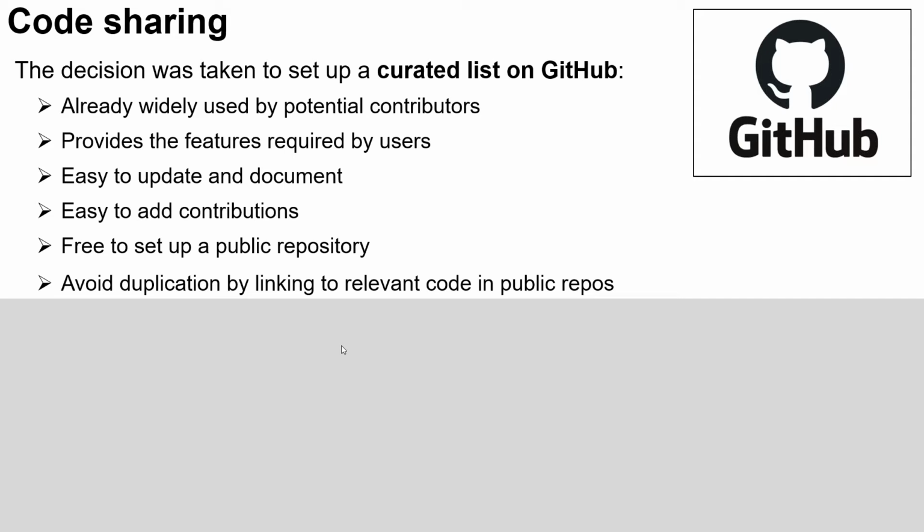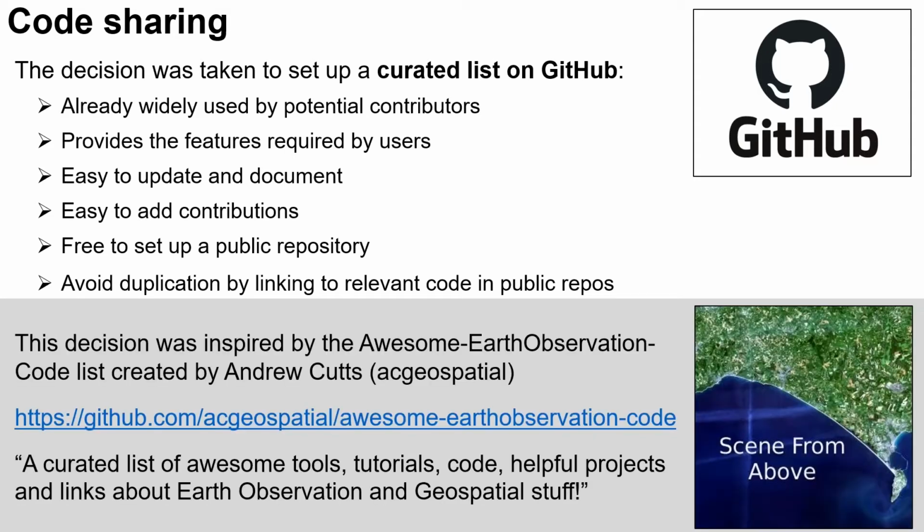I also want to say that this decision was very much inspired by the Awesome Earth Observation Code list, which was created by Andrew Cutts at AC Geospatial. I think probably a lot of people on this webinar may already be familiar with this because it is a fantastic resource, but if you're not, do check it out. You can find it on GitHub at Awesome Earth Observation Code.